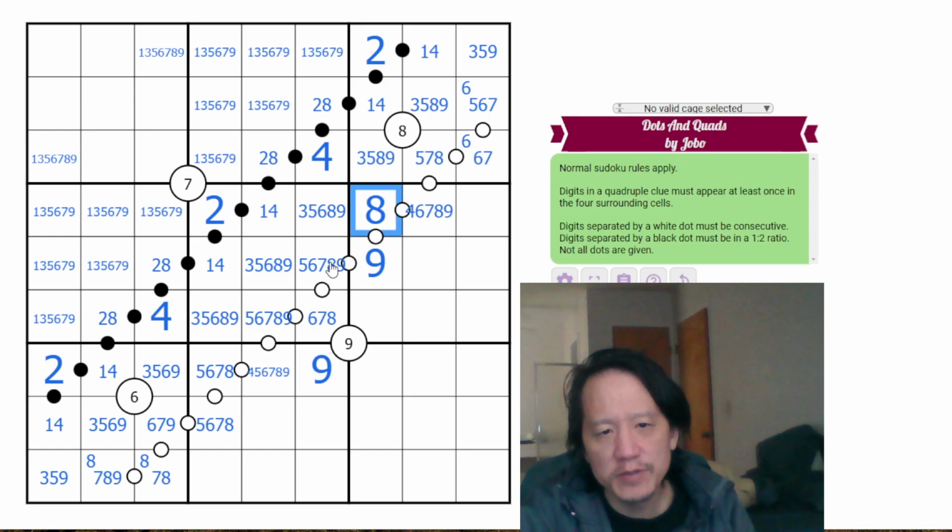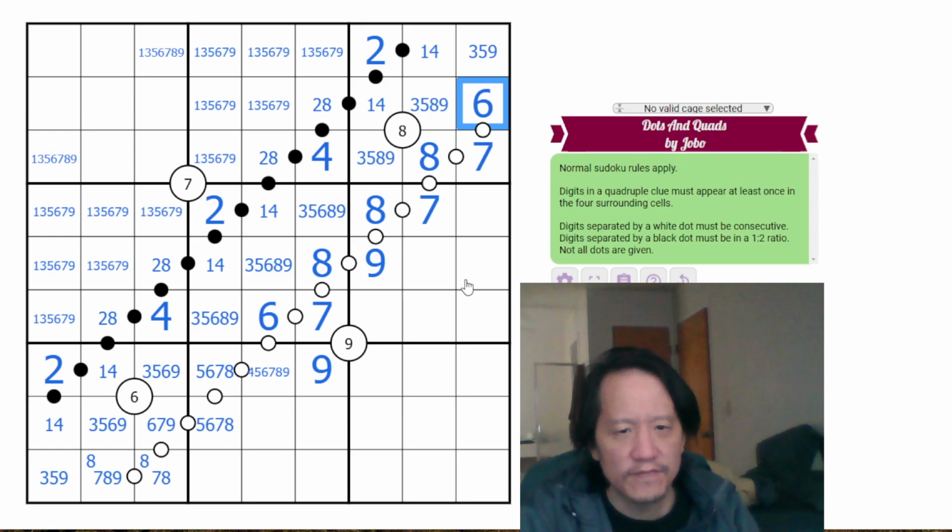And then this would have to be 8 and 8 along with it, which means this is 7. This has to be 6. So far this is looking okay. 8, 7, 6. Yeah, this is looking fine.